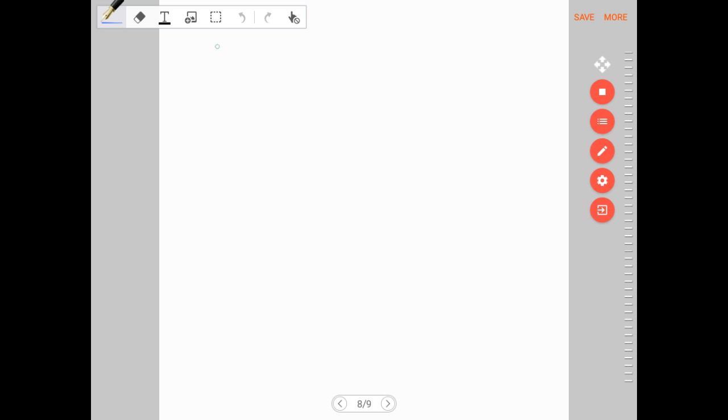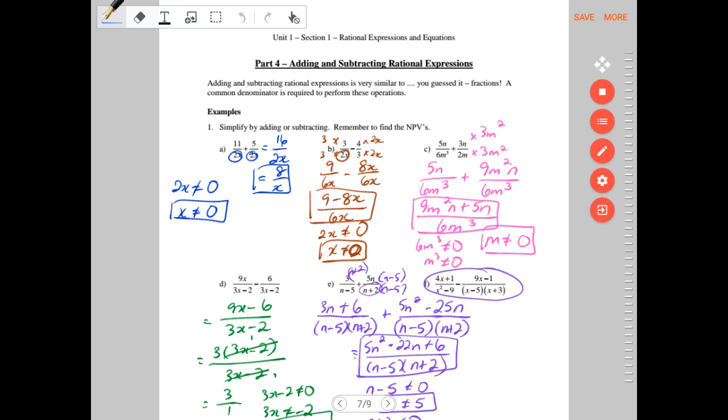Okay, so we had 4x plus 1 over x squared minus 9, minus 9x minus 1 over x minus 5 times x plus 3. Okay, I think that's what that read.